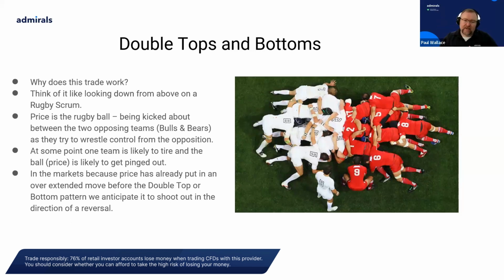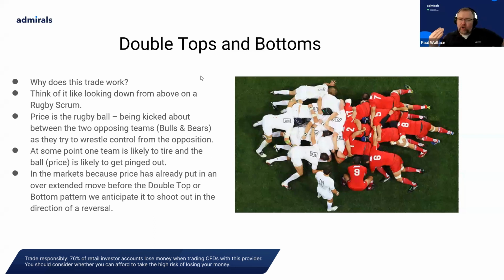And actually, price is the rugby ball. In a good scrum, the ball might get kicked about between the two teams as they look to grab control of the game. That's what we're looking for in a market: one of the bulls or bears to wrestle control from the opposition.